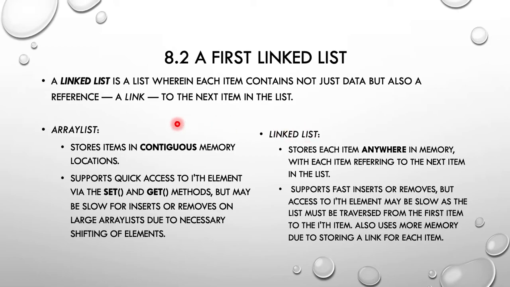Over here we have a comparison between array list and linked list, where array list is contiguous memory, whereas linked list stores anywhere in the memory. Okay. And array list is using set and get, which is much quicker than a linked list. Okay. Later on we'll see some examples in the lab.